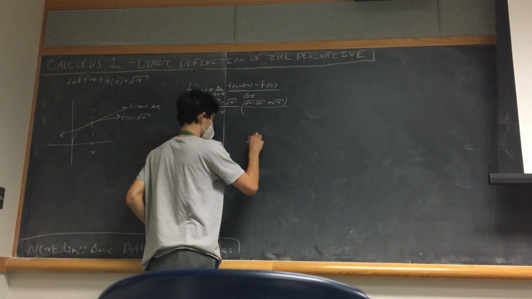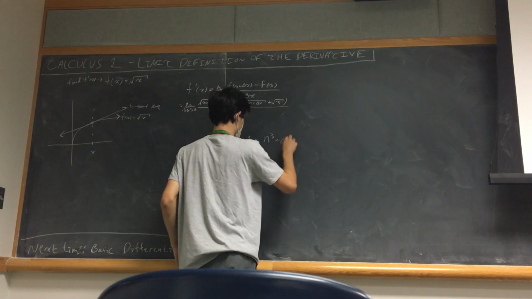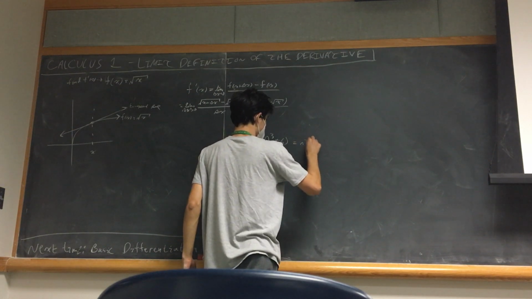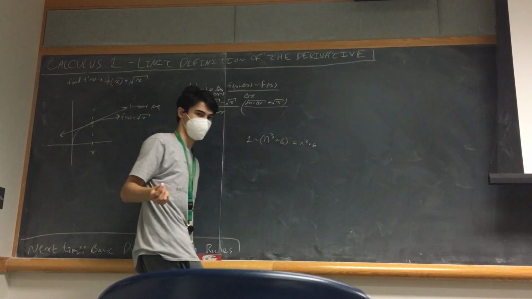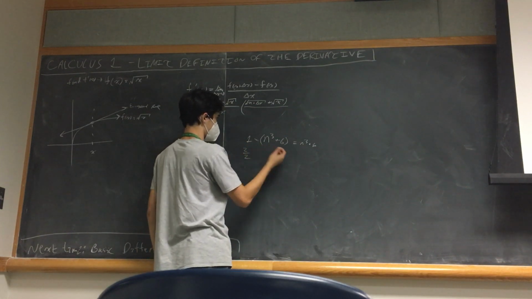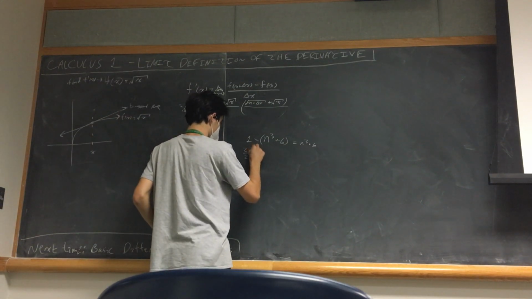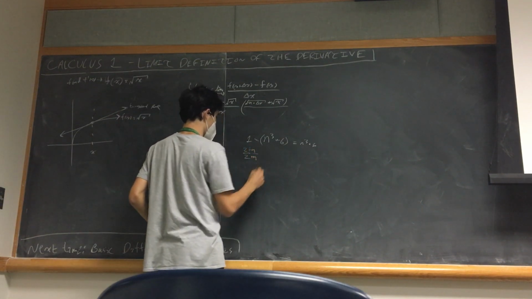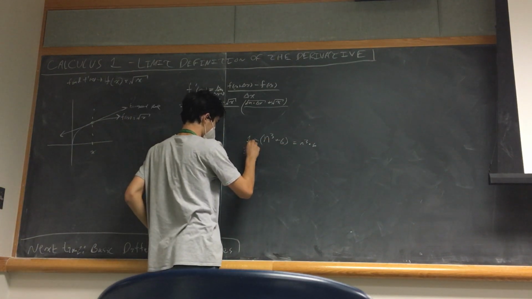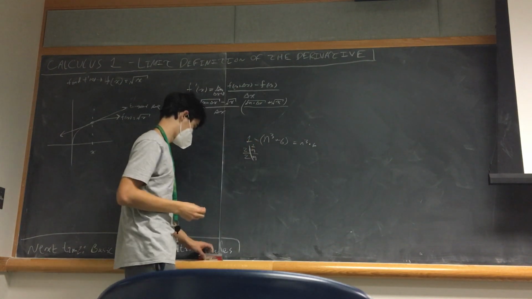Like if I have 1 times n cubed plus 6, it spits out n cubed plus 6, right? But let's say I had 2 over 2 times n cubed plus 6. Well, 2 over 2 is just 1. Or 2 plus n divided by 2 plus n times n cubed plus 6. 2 plus n over 2 plus n is just equal to 1.